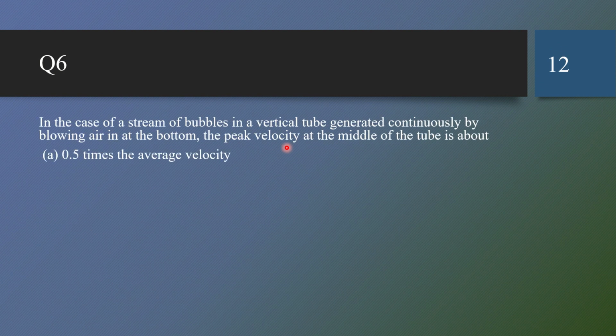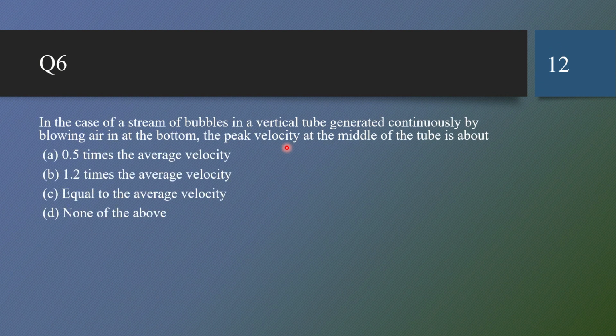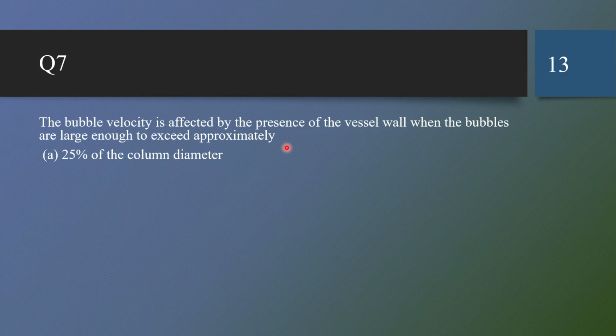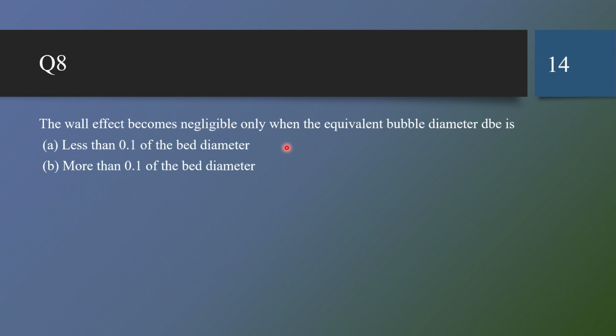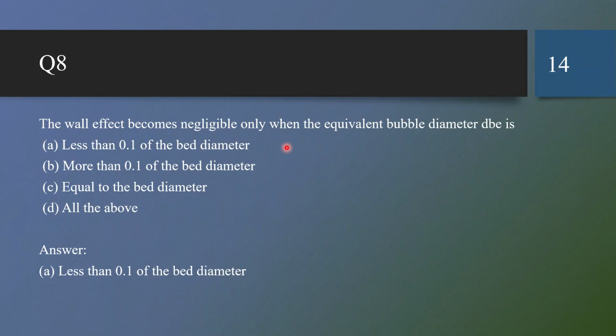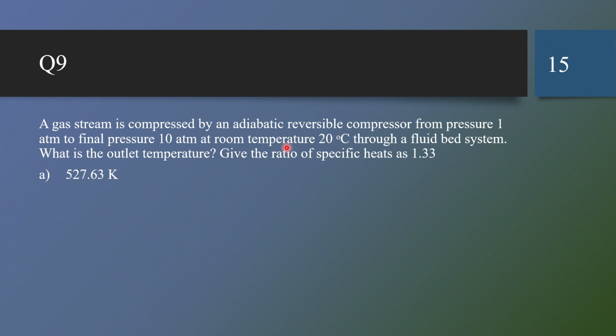In case of streams of bubbles, it is 1.2 times the average velocity, which is the peak velocity at the middle of the tube, and a bubble occupies about 25% of the column vessel when it is large. If its equivalent diameter is less than 1.1 of the bed diameter, wall effect becomes negligible.